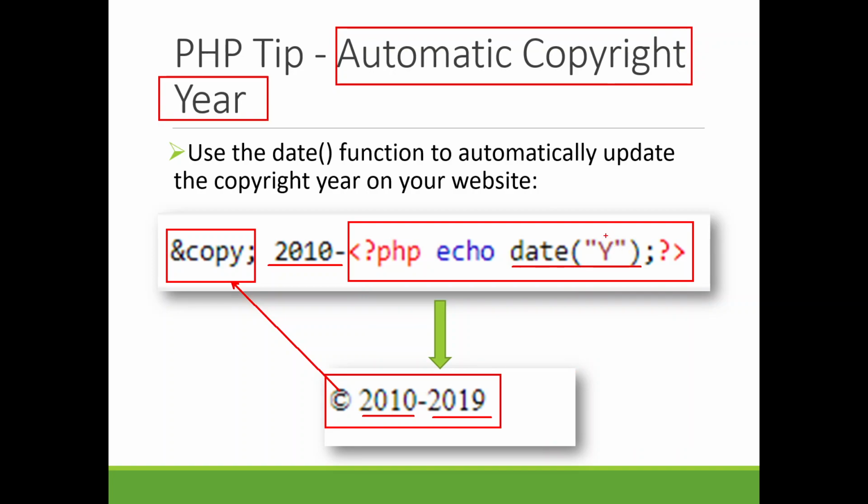We only echo Y, and it's going to print the current year, for example, 2022. So that's how you do that, so that you don't have to change this value each new year. That's how we automate it. That's why we are saying here automatic copyright year. So that's a great tip.